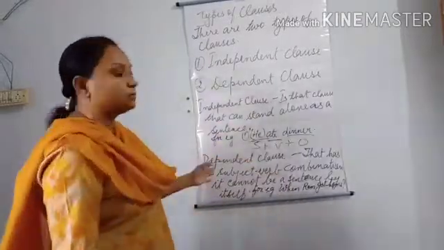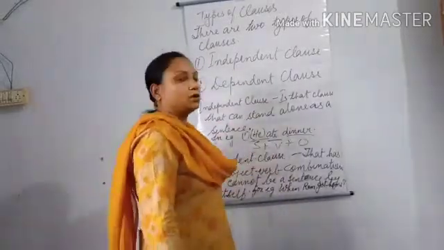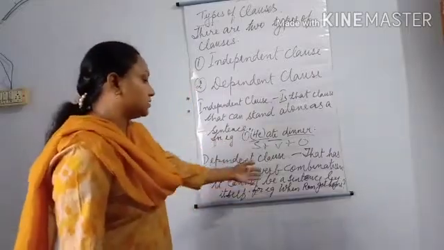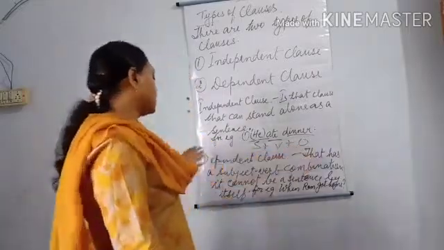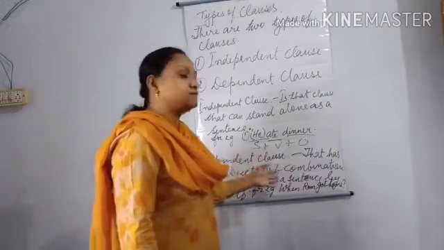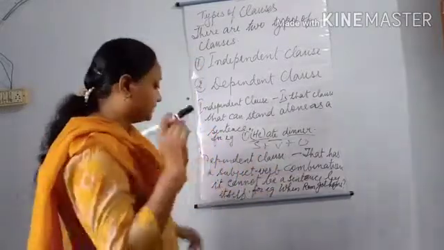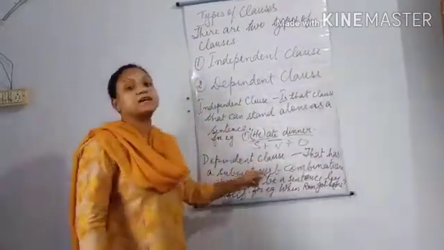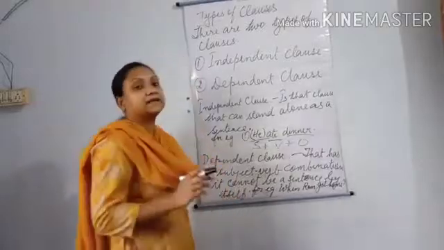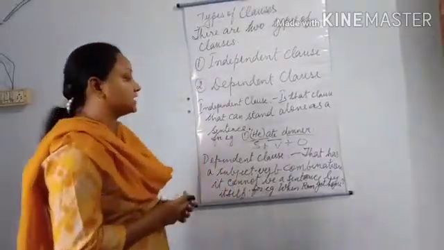Next, we will see what is the dependent clause. A dependent clause is a clause that has a subject-verb combination, but it cannot be a sentence by itself. How can you say that?